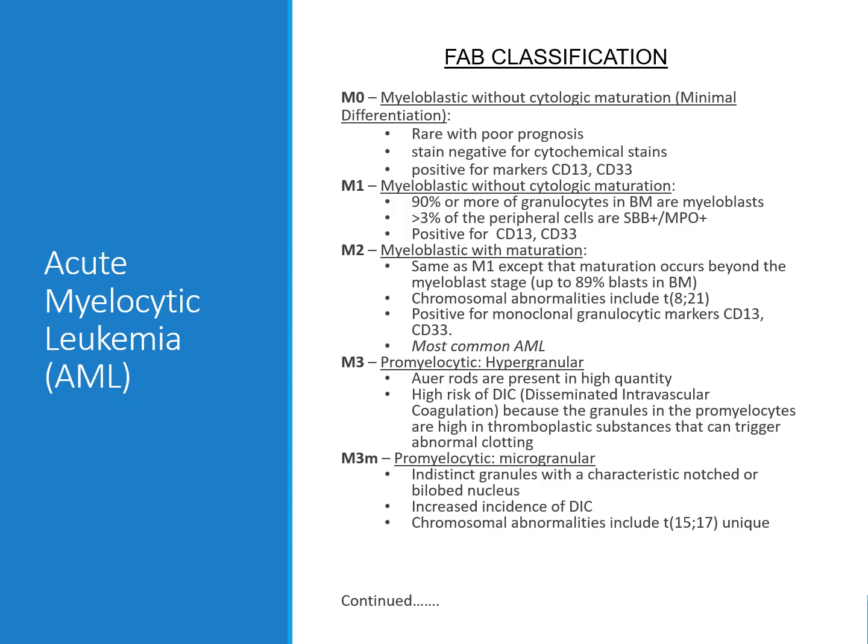This is going to be called myeloblastic without cytologic maturation, and we're going to see minimal differentiation here. This is a rare classification, but it is a very poor prognosis for those patients that do have it. They're going to stain negative for all cytochemical stains, and the reason for that is because there's minimal differentiation.